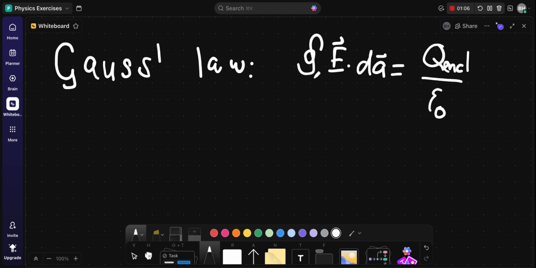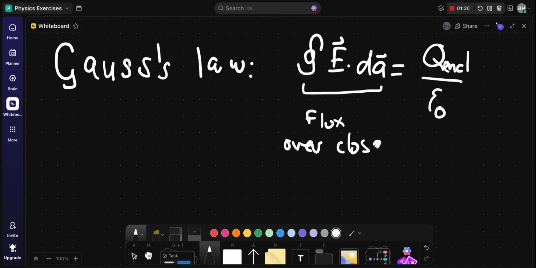Okay, so this is a flux integral. Let me put an S here. Sometimes they do that. So this is a flux over a closed surface.